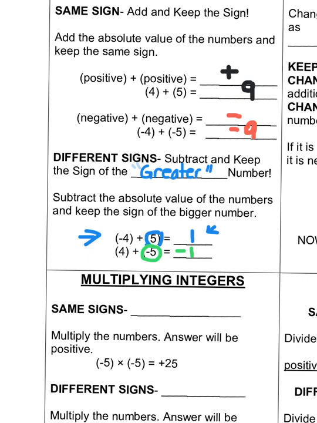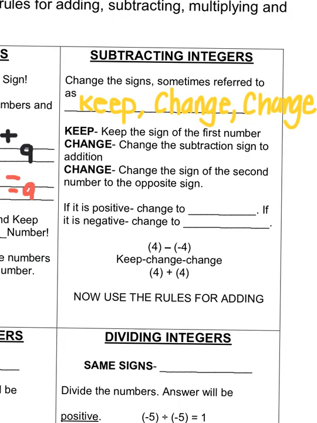Now let's go on to subtracting integers. To subtract integers, we'll change the signs, sometimes referred to as keep, change, change. Keep means that we'll keep the sign of the first number. Change means that we'll change the subtraction sign to an addition sign.